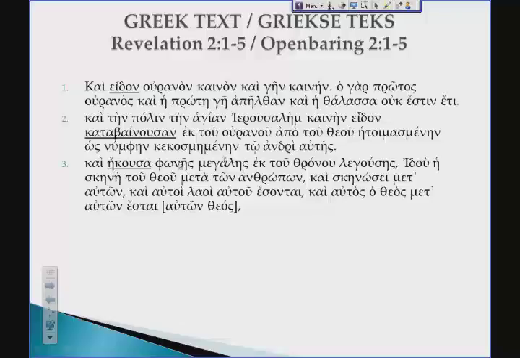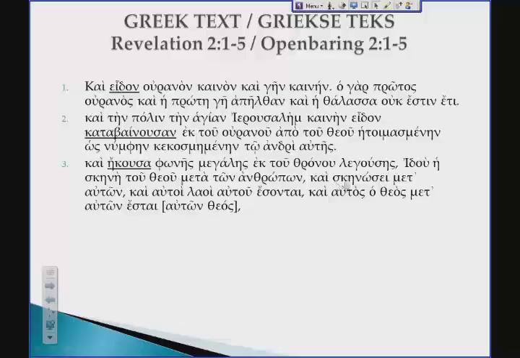Out of the throne, from the throne, saying, behold, behold the tabernacle of God is with men.